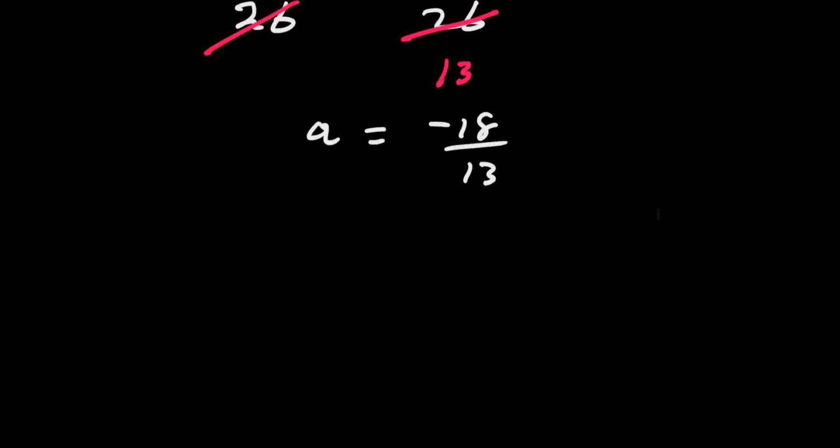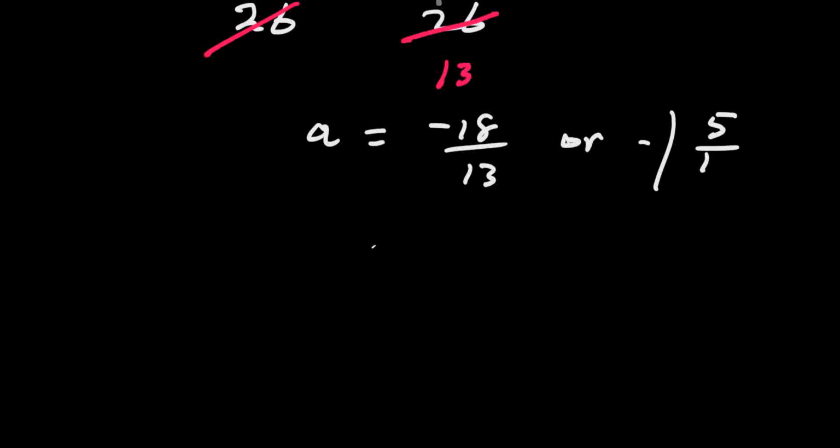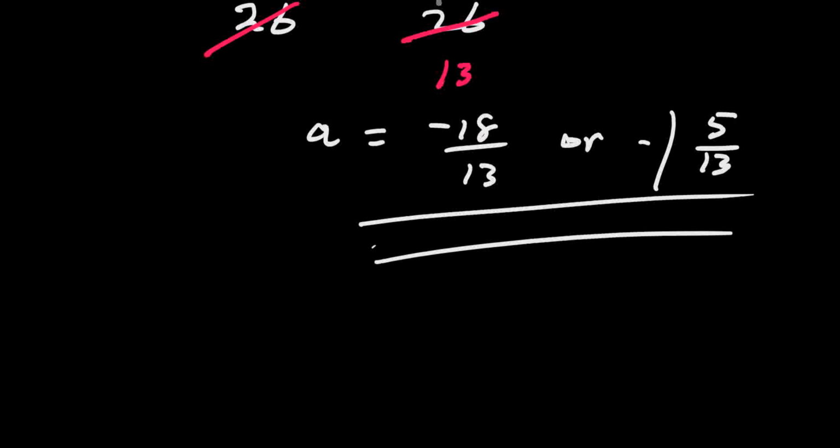You can still leave your answer at this point, but if you wish to convert to a mixed fraction, you go one more step. So negative one whole number, 5 over 13. So this is the answer to this question, and I hope it is clear to you.